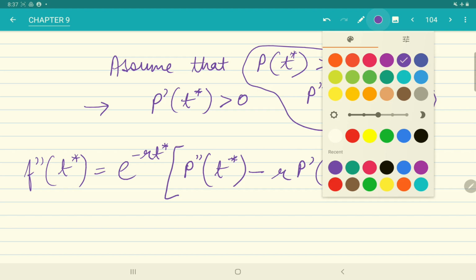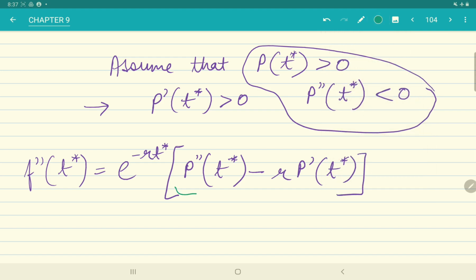So obviously this expression is definitely not equal to 0. P double prime T star we know is less than 0, and this expression I am very sure about, it is greater than 0. What does that mean? That just means F double prime T star is less than 0.